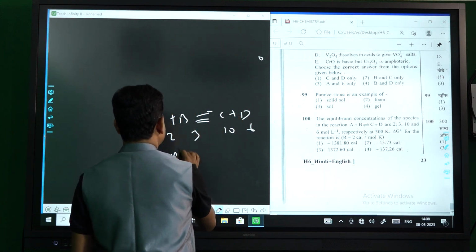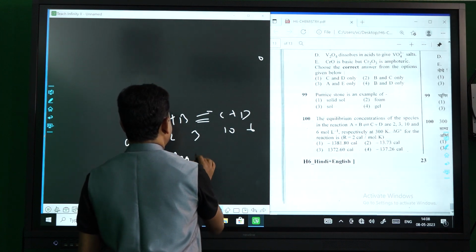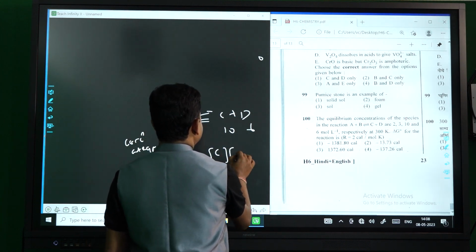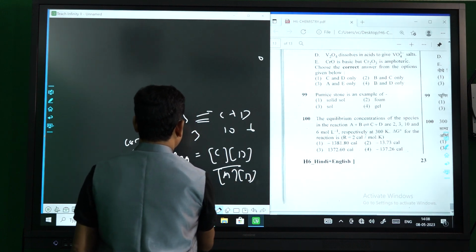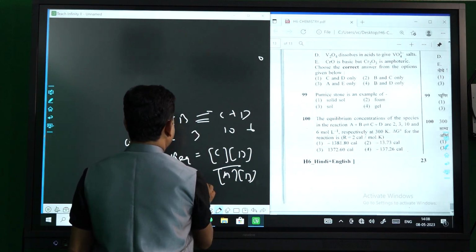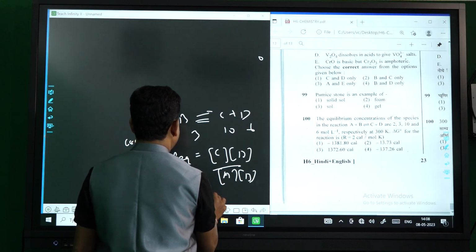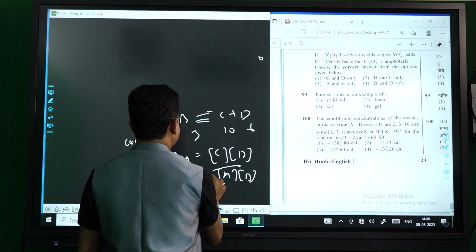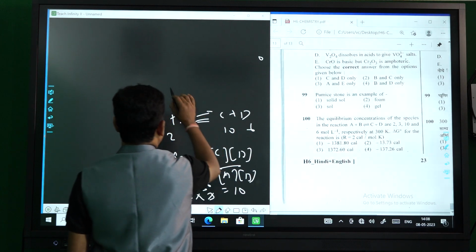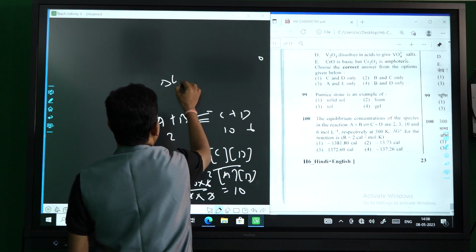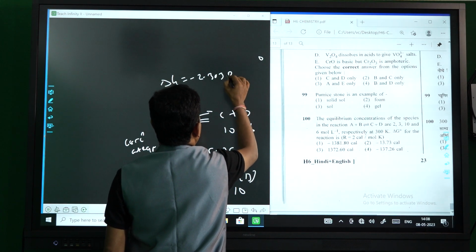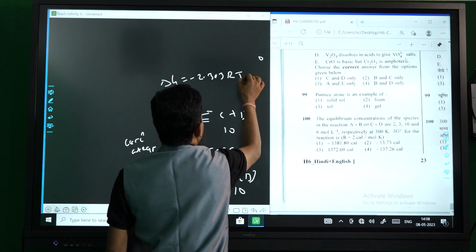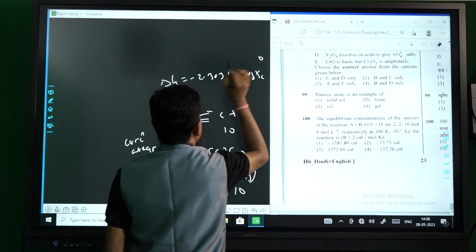Dear students, first calculate the value of the equilibrium constant. This is the concentration of C times D upon A times B. In my calculation you will get 10 multiplied by 6 upon 2 multiplied by 3, which equals 10. And the relation is delta G equals minus 2.303 RT log equilibrium constant.